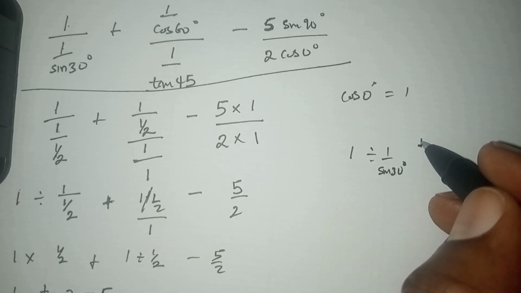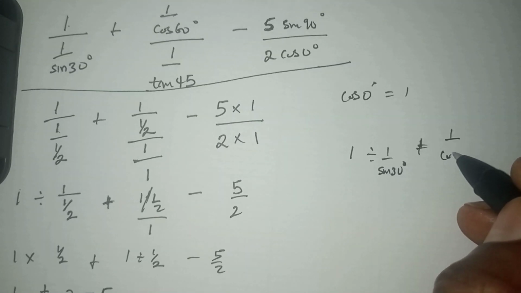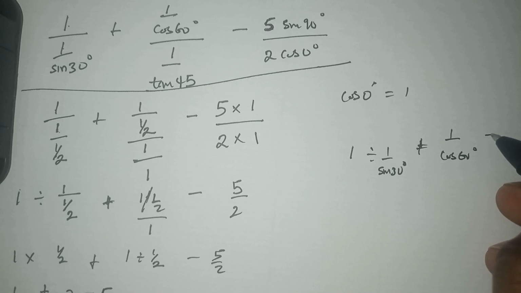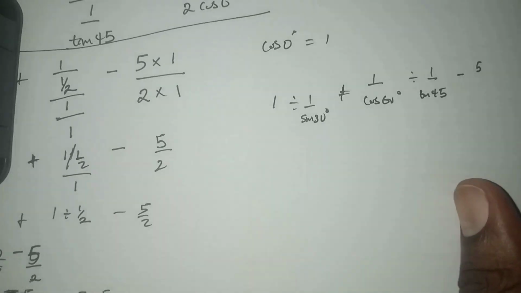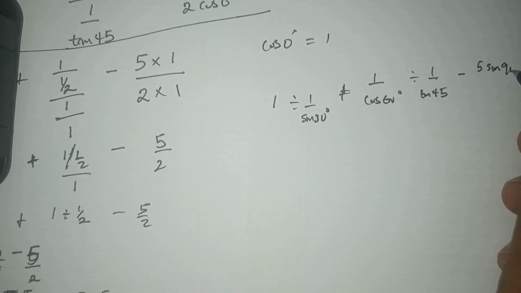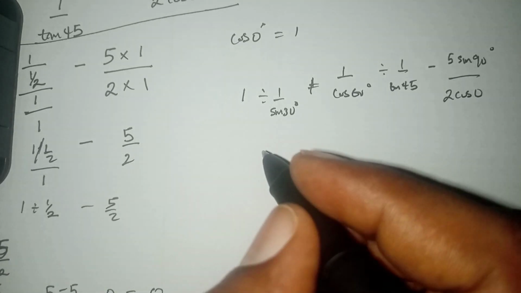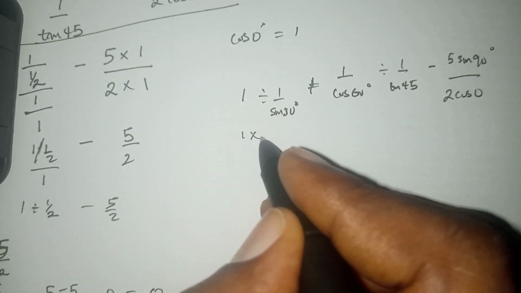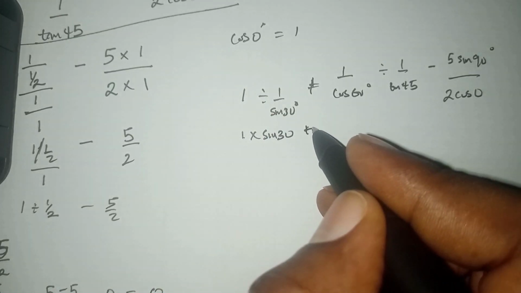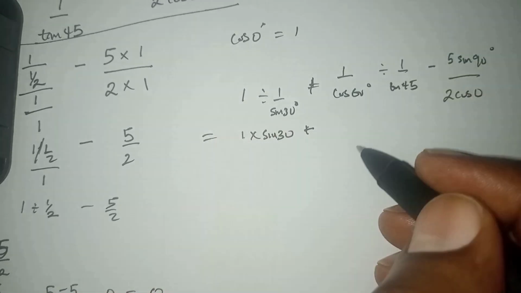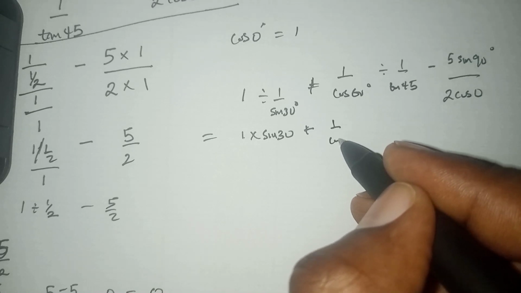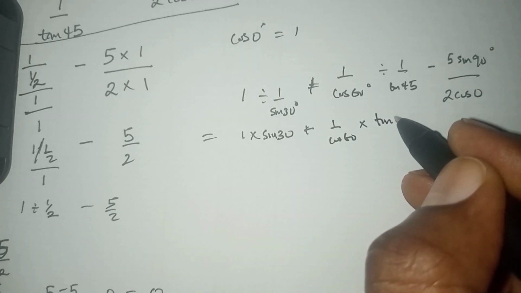Then plus 1 over cos 60 divided by 1 over tan 45. Then minus 5 sine 90 over 2 cos 0. So here we will say this is 1 times sine 30 plus 1 over cos 60 times tan 45. I think this is easier.